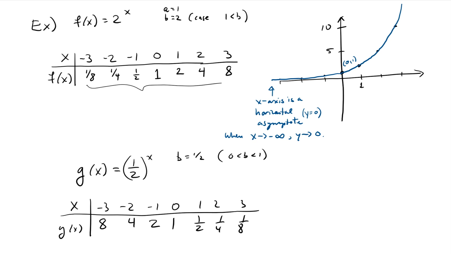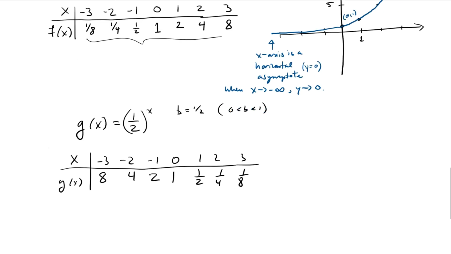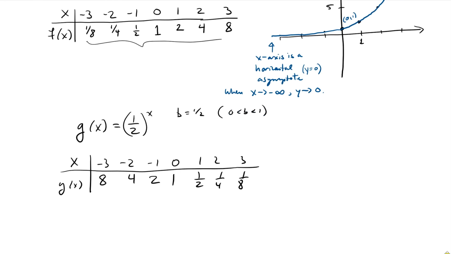So what has happened is that the graph of our original function 2 to the x is just flipped around the y-axis. So there's a reflection that just happened by changing the 2 to a 1/2. But also what I want you to observe is that the graph has a kind of inverse behavior.